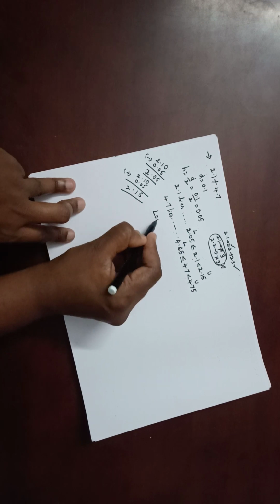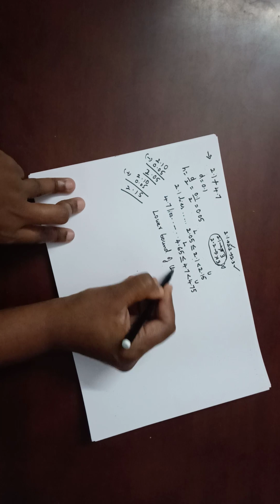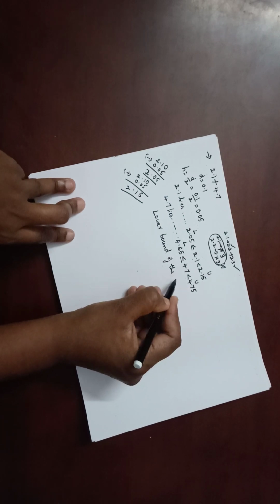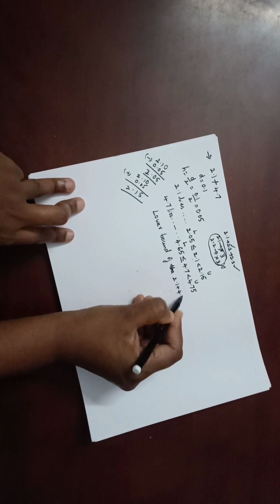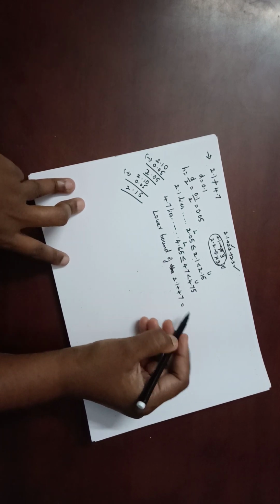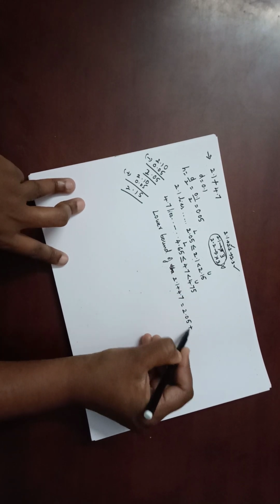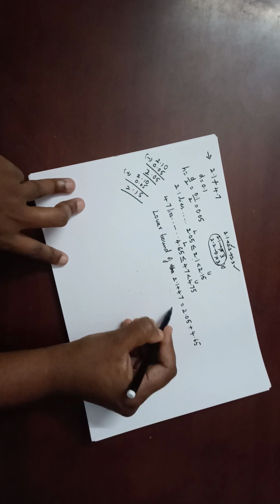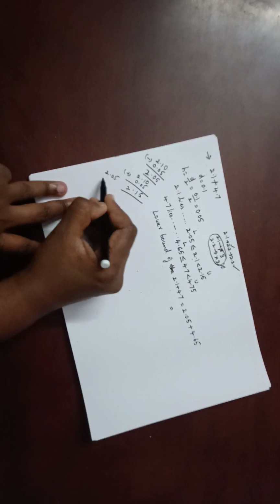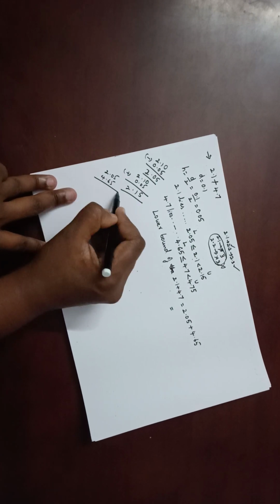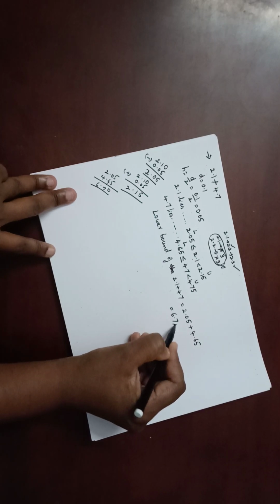Now, the lower bound of the calculation. Lower bound of 2.1 plus 4.7 is how much? For lower bounds you should add 2.05 plus 4.65, which is 6.7.